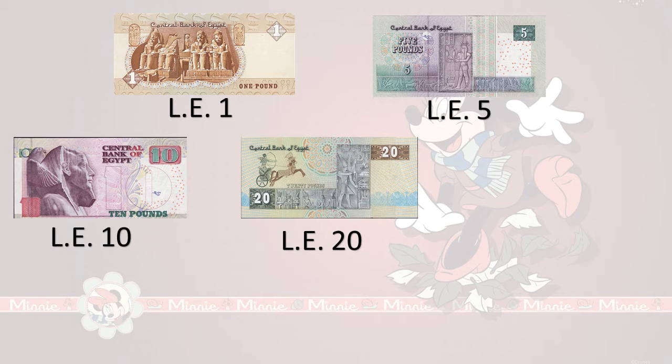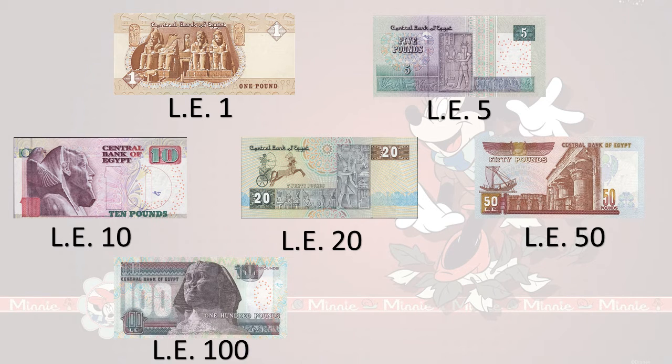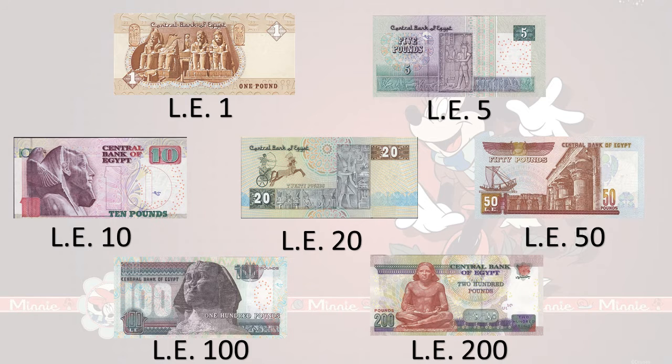We have 20 LE or 20 Egyptian pound. And that one is 50 LE or 50 Egyptian pound. We have 100 LE or 100 Egyptian pound. And 200 LE or 200 Egyptian pound.